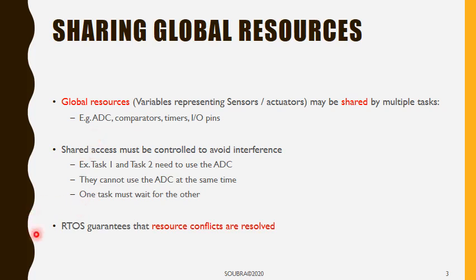The good thing about it is, instead of reinventing the wheel, all you have to do is use whatever mechanisms are offered with the RTOS, right? Because the RTOS will guarantee the resolution of any resource conflict that might stem.